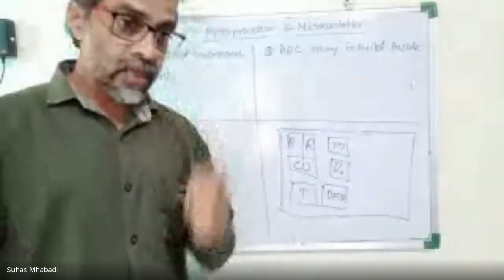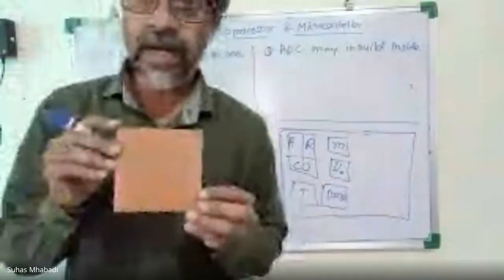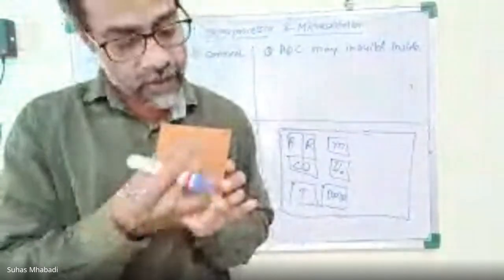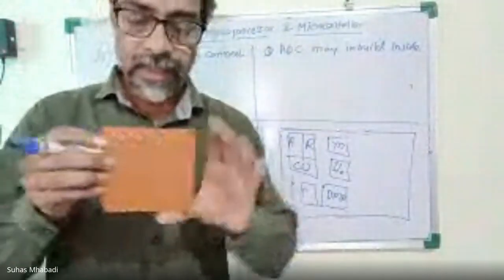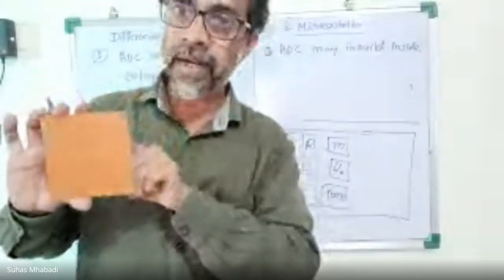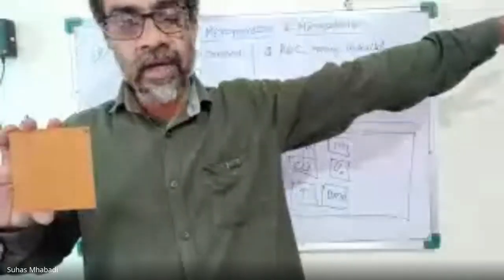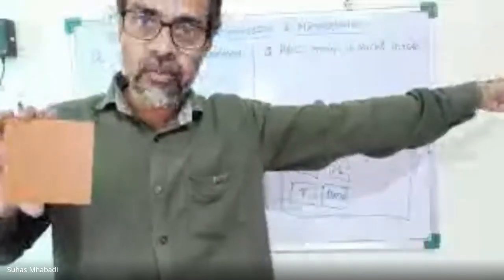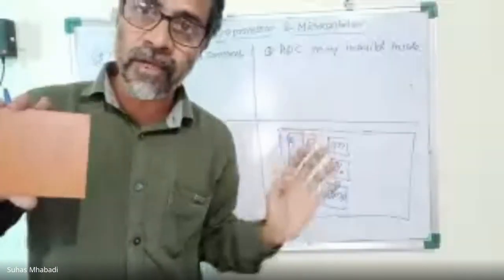Now suppose I am going to build a system using a microprocessor. I will take an IC, connect the microprocessor chip, then connect separate memory and input output, and this is one device built with a microprocessor. One more device is far away, maybe a computer or another microprocessor-based system in a different city even.